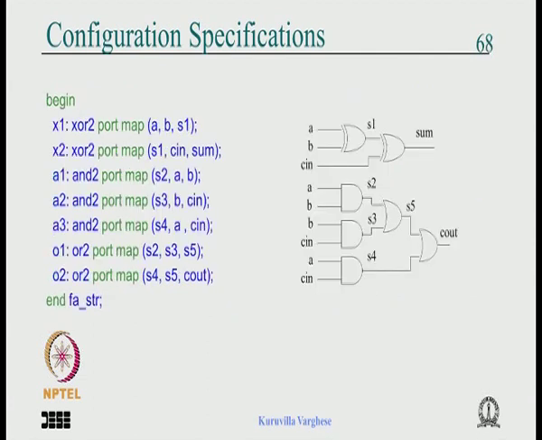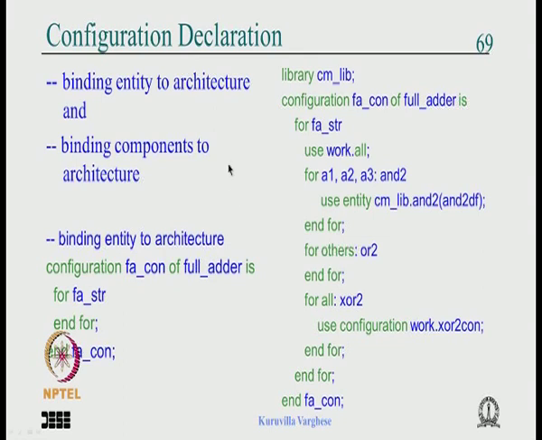So let us see the configuration declaration, which has two purposes. It binds an entity to an architecture. So we are assuming that this particular entity for which the configuration is written has multiple architectures, and it also binds the components used in the architecture to a particular library.